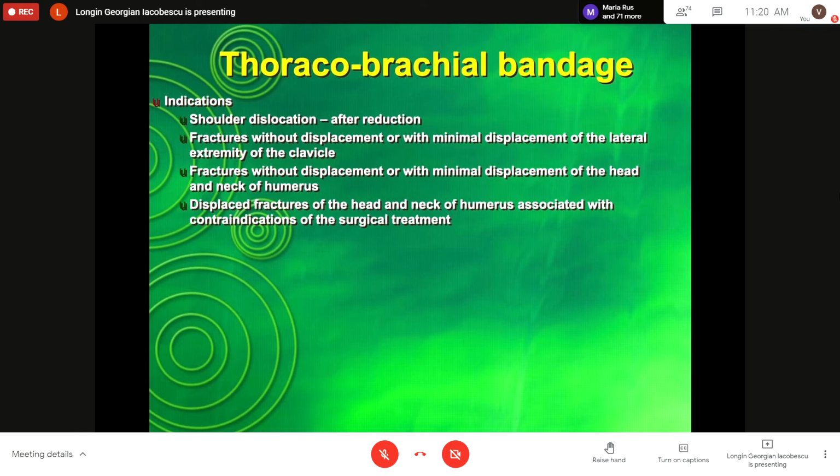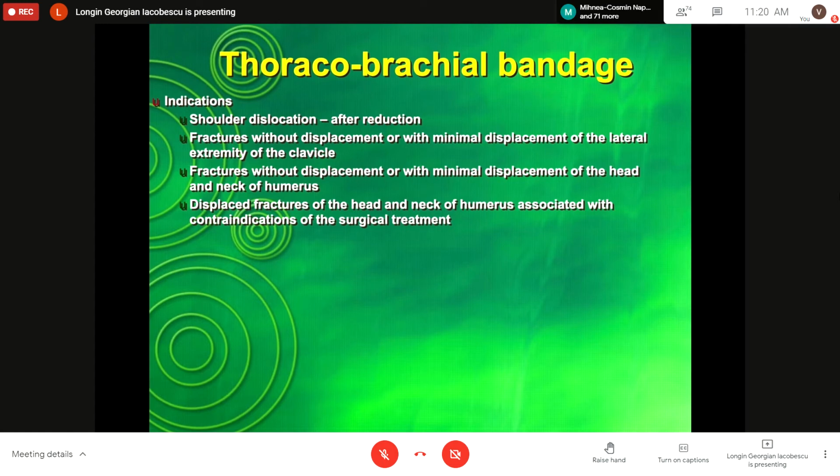The Neer classification. Do you remember what major criteria it uses? It shows us whether we can apply a Dessau bandage, for instance, for a minimal displacement of the head and neck of the humerus, or whether we are obliged to use a surgical treatment.